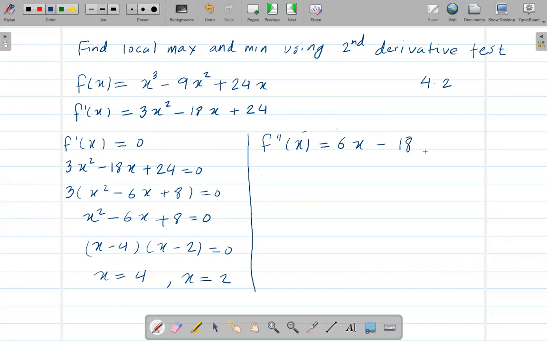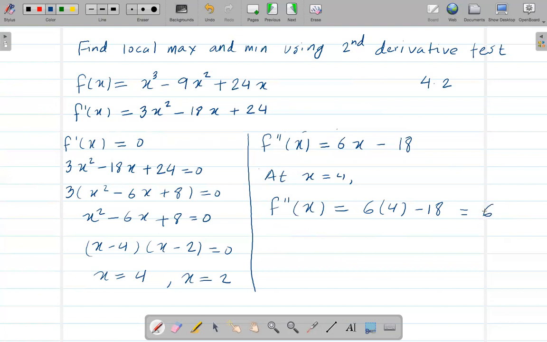So since we have these two, at x equals 4, f double prime of x is 6 times 4 minus 18. 6 times 4 is 24, and 24 minus 18 is 6.